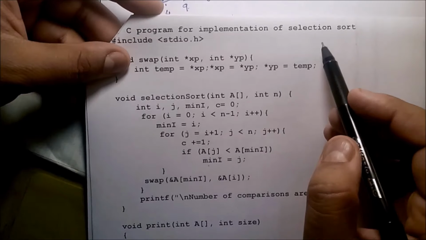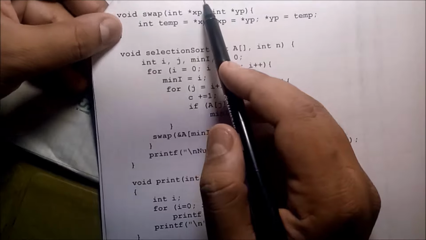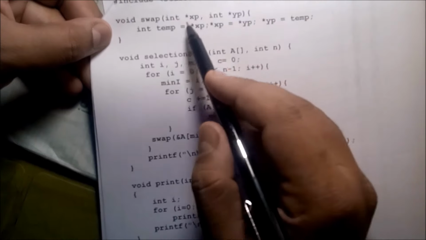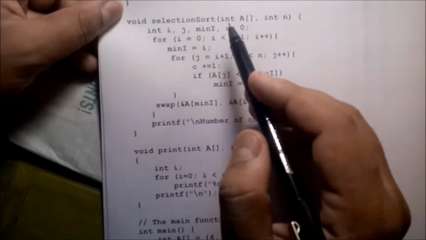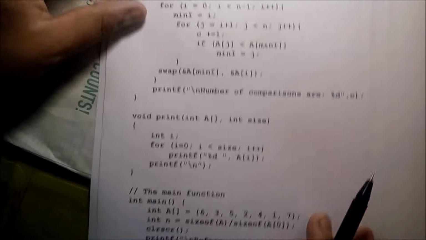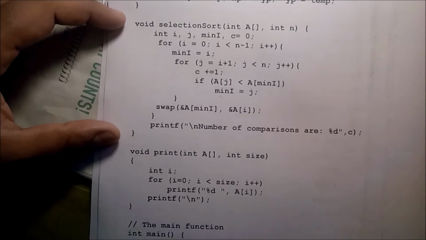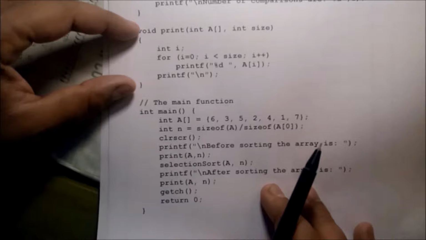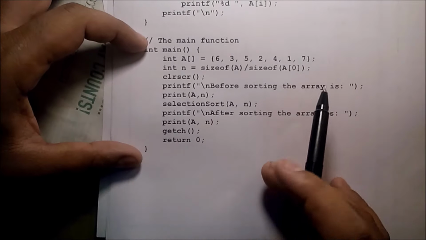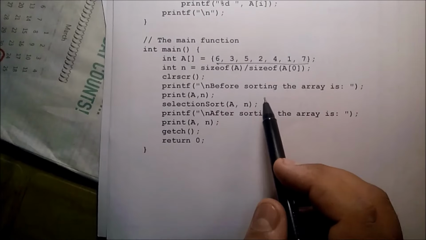Okay, let's see this particular selection sort. These two are swapping two data. Okay, now in selection sort, this particular part is the selection sort. This part is the selection sort, printing the array part and the main function. These are the data we want to sort. We want to call for sorting.